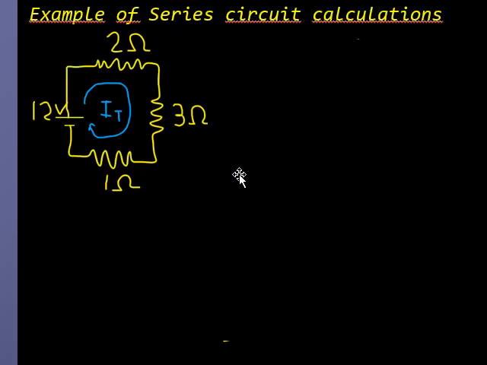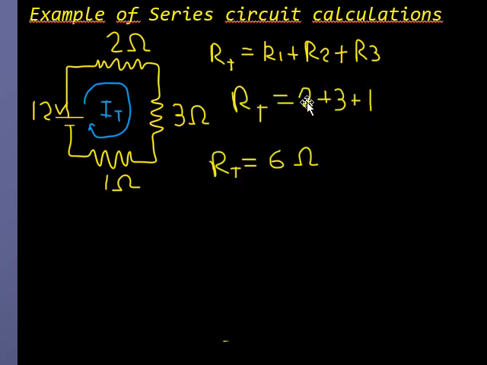So imagine that we have this example with these three resistances, whose values are 2, 3, and 1 ohm. The first step is to use the formula to work out the total resistance. We only have to add the three resistances, and now we only have to replace the numbers. It's very easy. The first resistance is 2 ohms, the second is 3 ohms, and the third one is 1 ohm. So the result is 6 ohms.